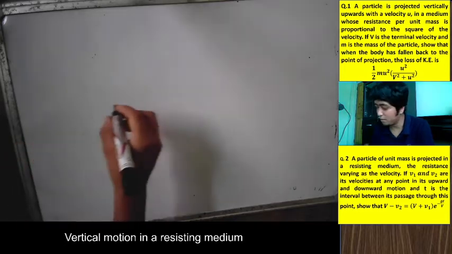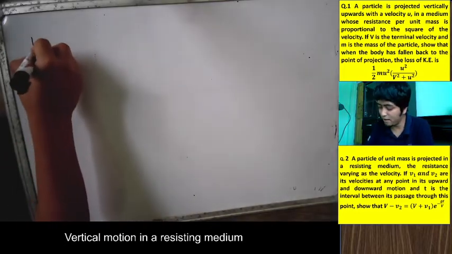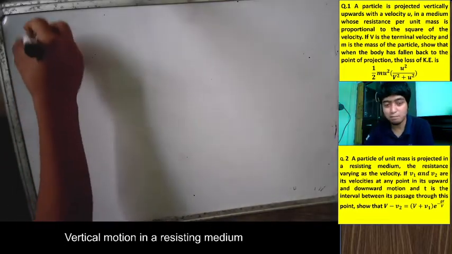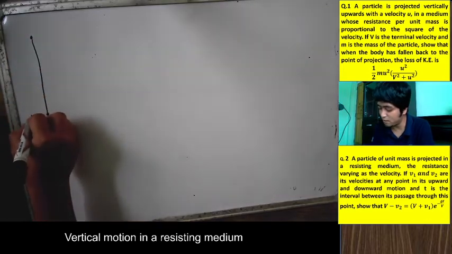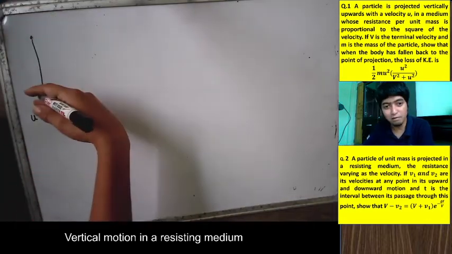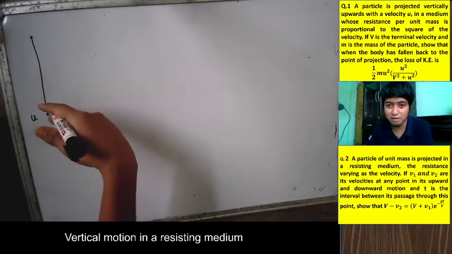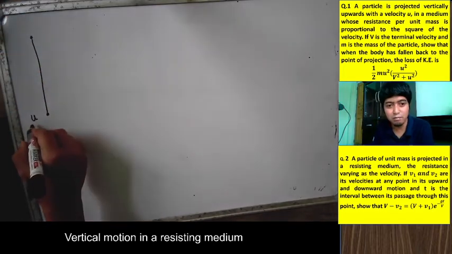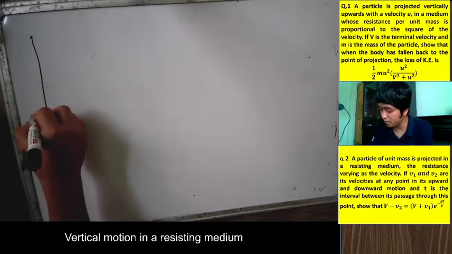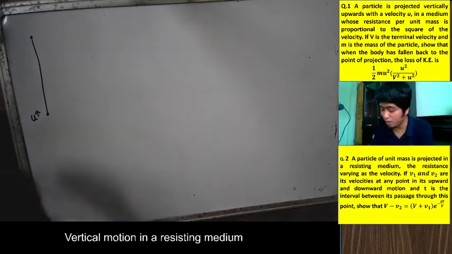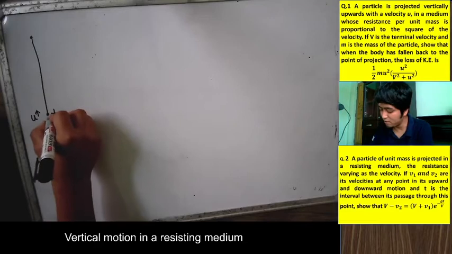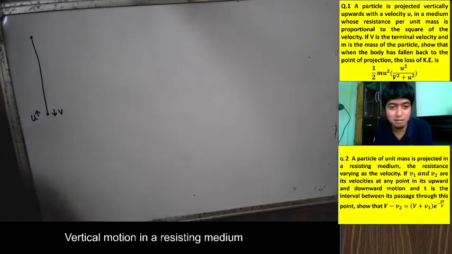So what is happening over here is we have a body that is projected upwards with velocity u. It will come back down, and then it will have some velocity when it comes back down. The velocity will no longer be u. This is for the upward motion, but when it is coming back downwards, the velocity is maybe small v.